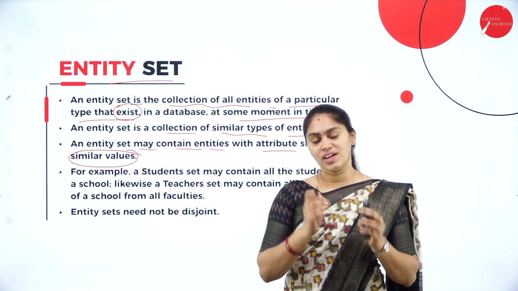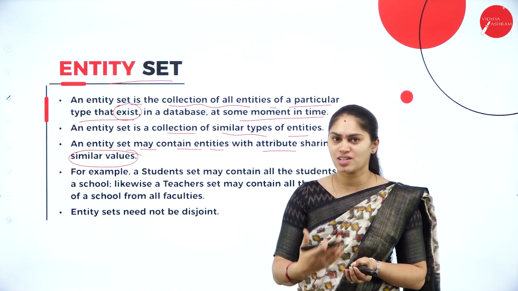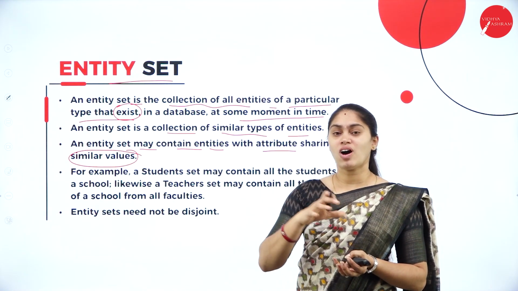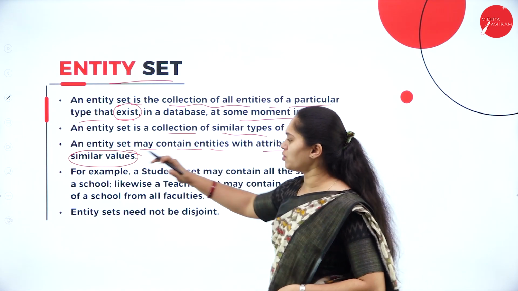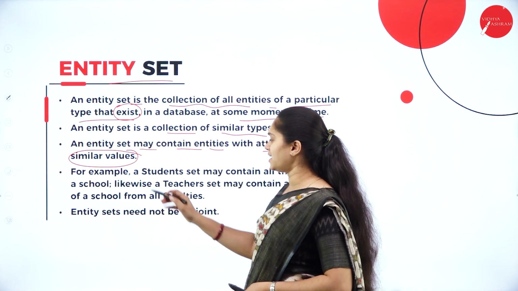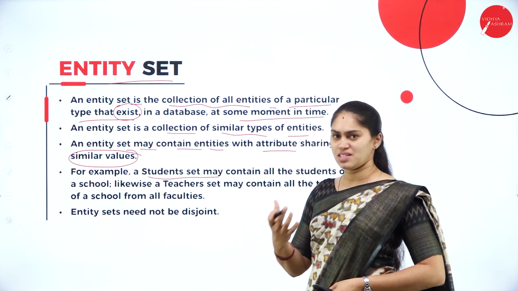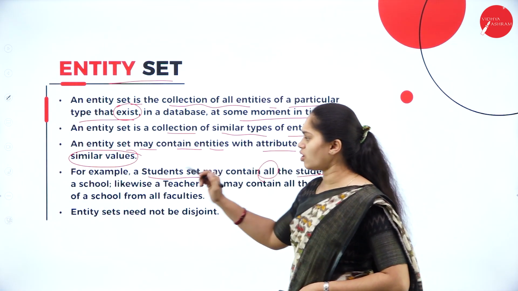So here we have an entity that has attributes, features or properties which share similar values. That is the only difference between entity set and entity type. For example, if I say student set as an entity set, that may contain all the students of a school.